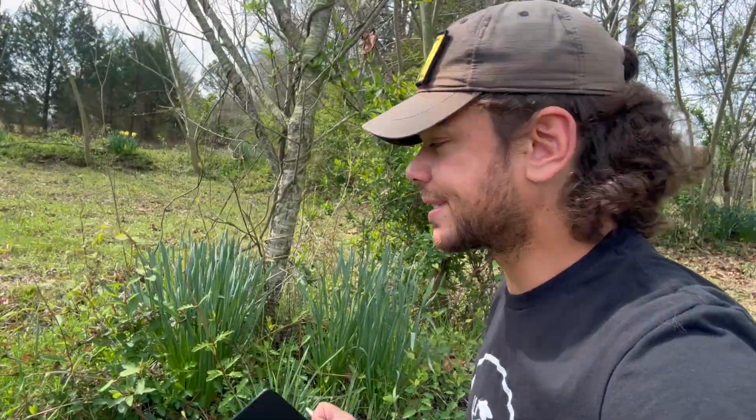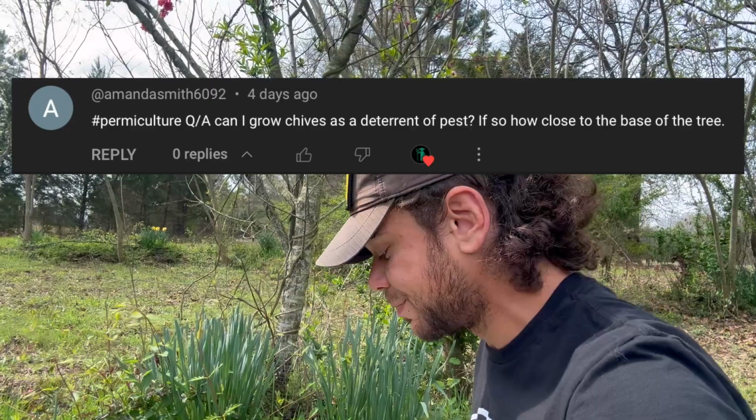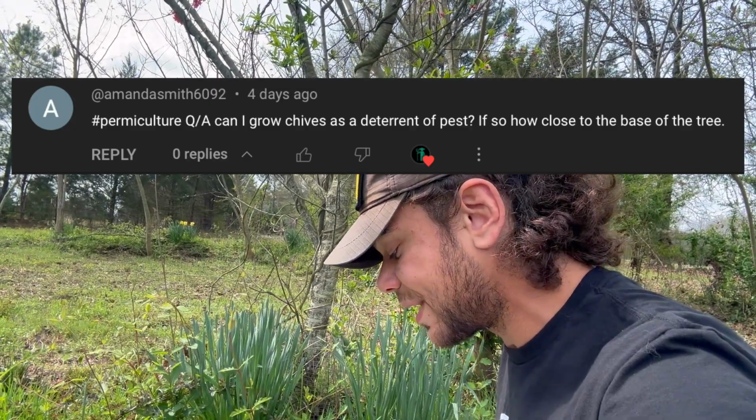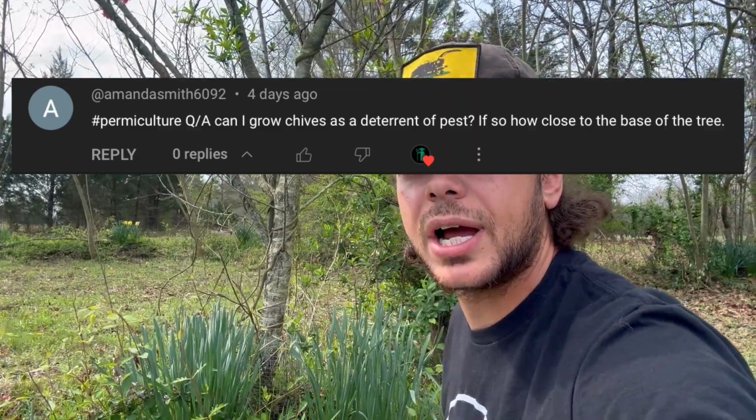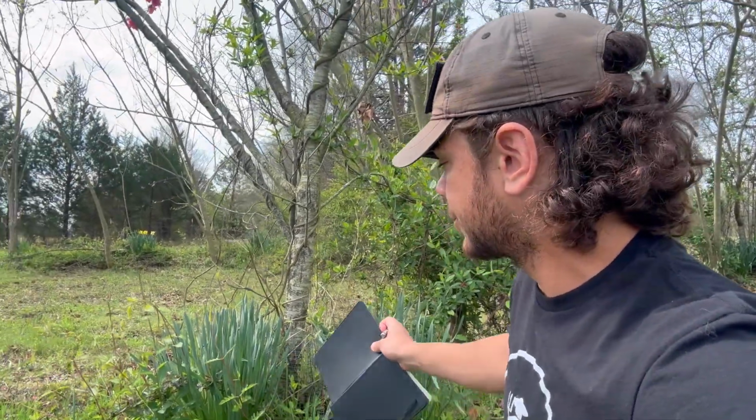I would also use this example of the daffodils for Amanda Smith's question: can I grow chives as a deterrent to pests? How close to the base of the tree? Yes, you can grow chives as a deterrent to pests, and you can grow them right up against the base of the tree if you want. The key to planting up against the base of your tree is making sure that the roots aren't going to be super invasive to the tree.